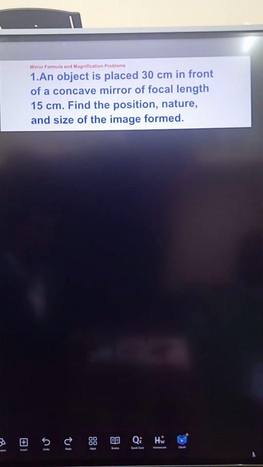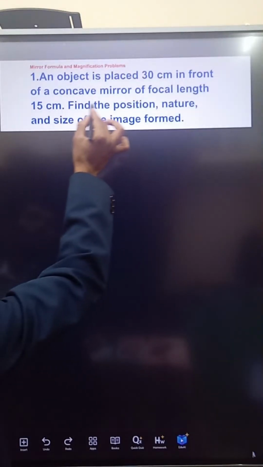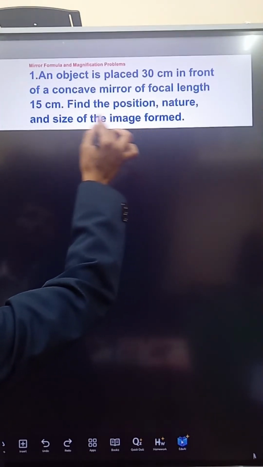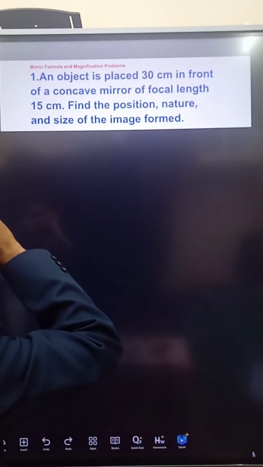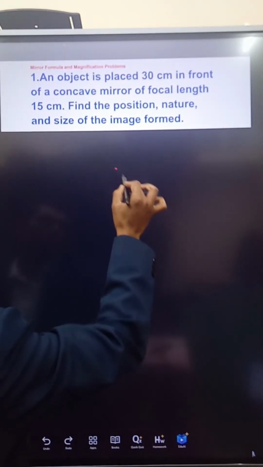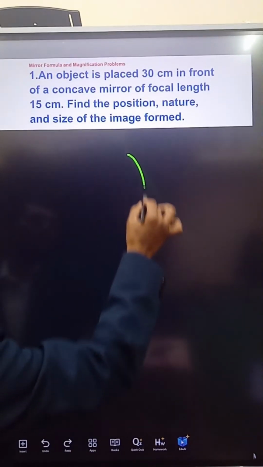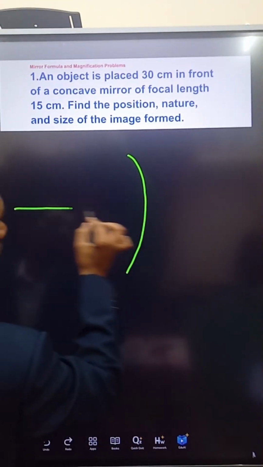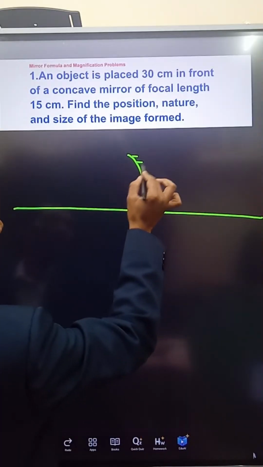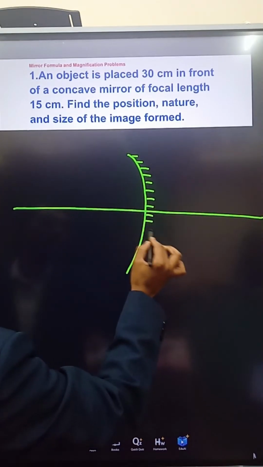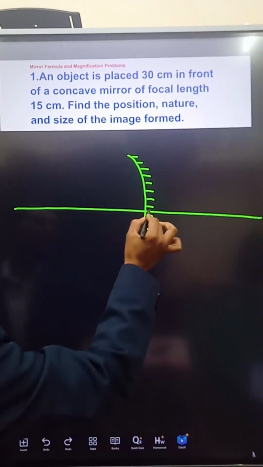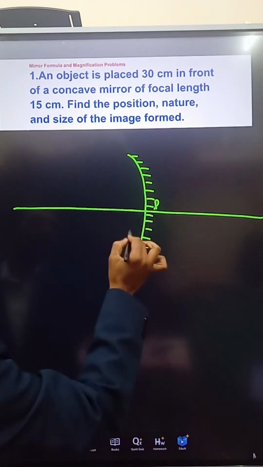How it can be done is, look at this. If this is the concave mirror, this is the pole of the mirror, you know that, right?